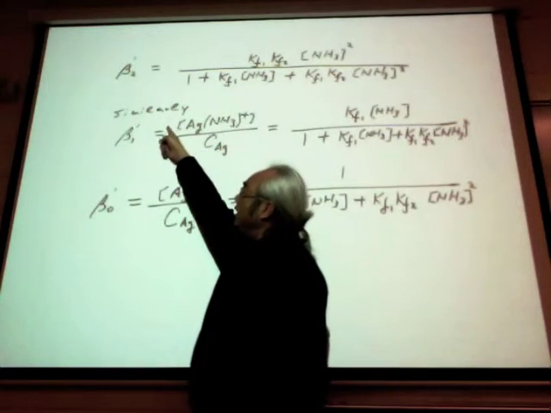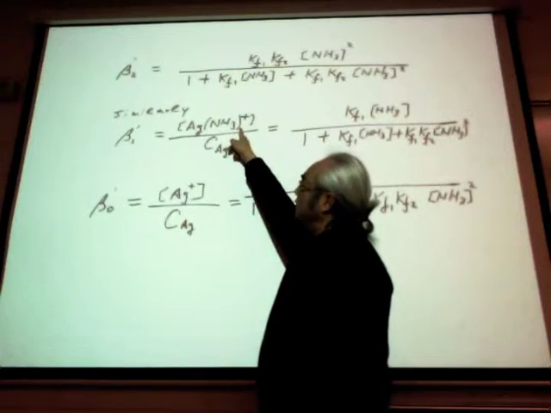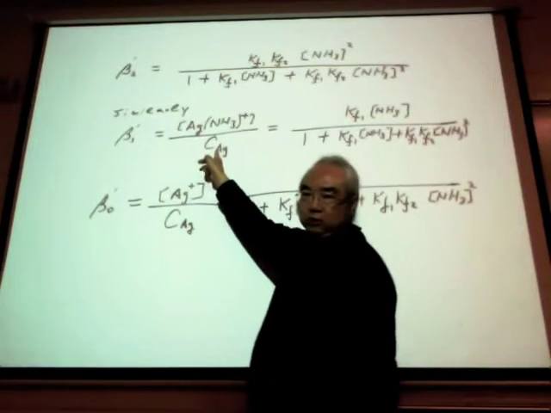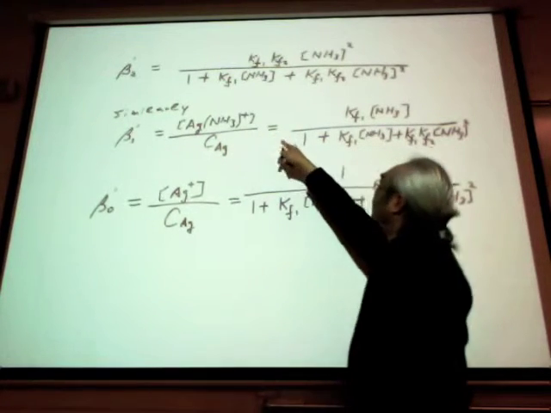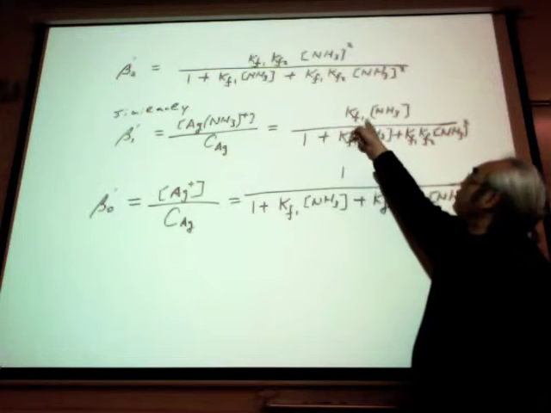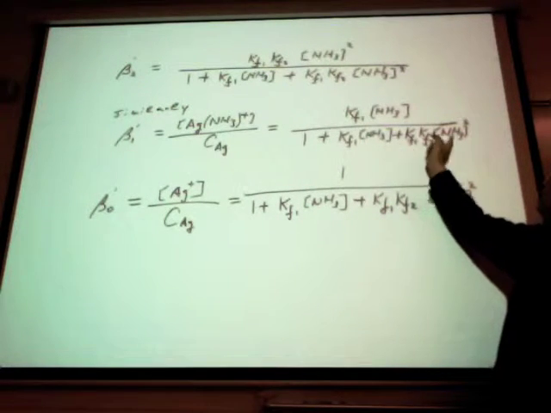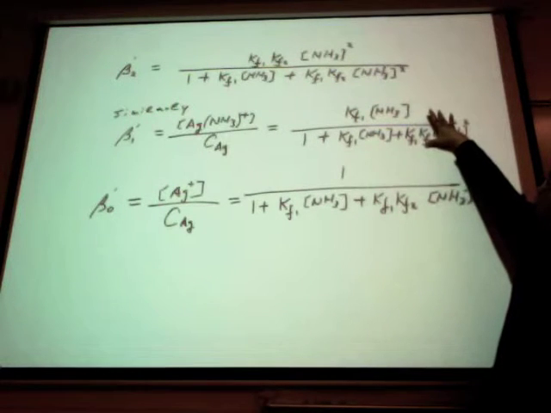Similarly, if you are interested in the first complex, the fraction to the total, you do a similar derivation. Then it's going to be Kf1 multiplied by ammonia, like this. So this is your relationship.